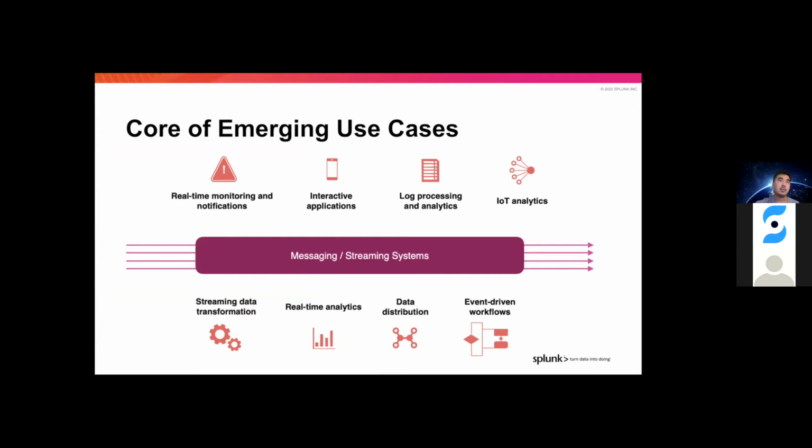To start listing them: real-time monitoring and notifications, interactive applications from smartphones and smart devices, the classical log processing and analytics, IoT analytics, streaming data transformations, real-time analytics, data distribution, and event-driven workflows. People have definitely started to realize the benefits and opportunities that can be exploited by acting on their data faster. And we at Splunk really want to give our users, both internally and externally, the capability of doing that.